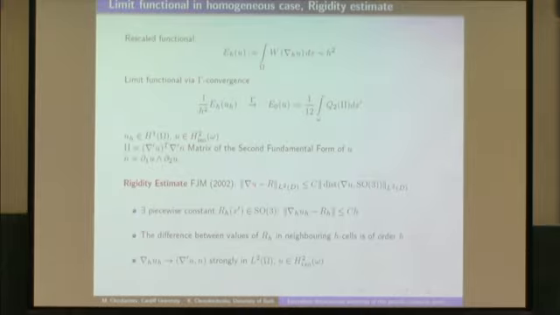the distance from the gradient to a single constant rotation matrix R, for some rotation matrix R, is also small, and this constant C depends only on the shape of the domain D. You can actually scale the domain uniformly, and you'll have the same constant. So it allows you to split the omega h into small cubes of size h. On each cube, you approximate the gradient of deformation with some rotation.